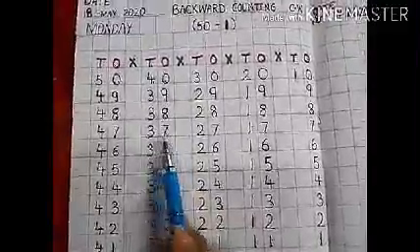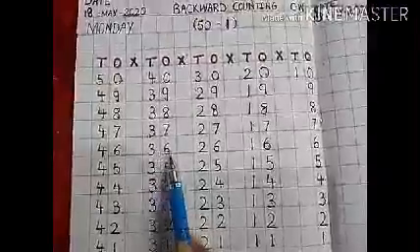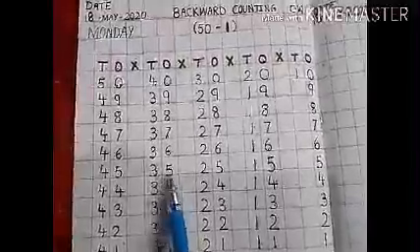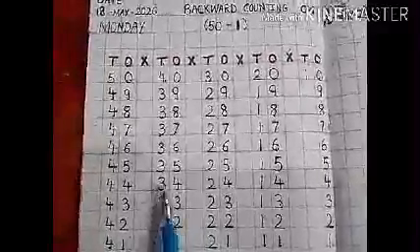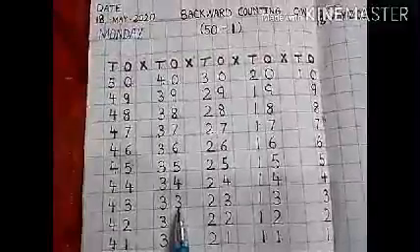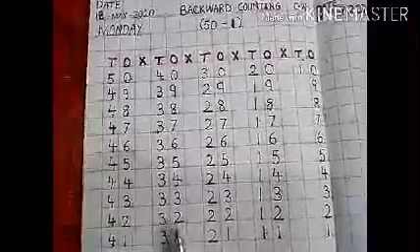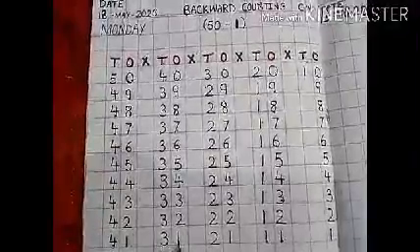Then 3, 7, 37. Then 3, 6, 36. Then 3, 5, 35. Below that 3, 4, 34. Below that 3, 3, 33. Then 3, 2, 32. Then 3, 1, 31.